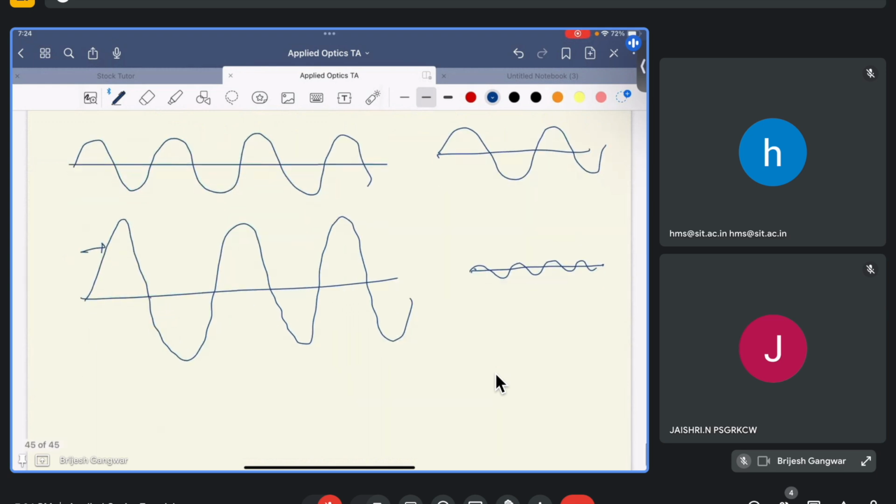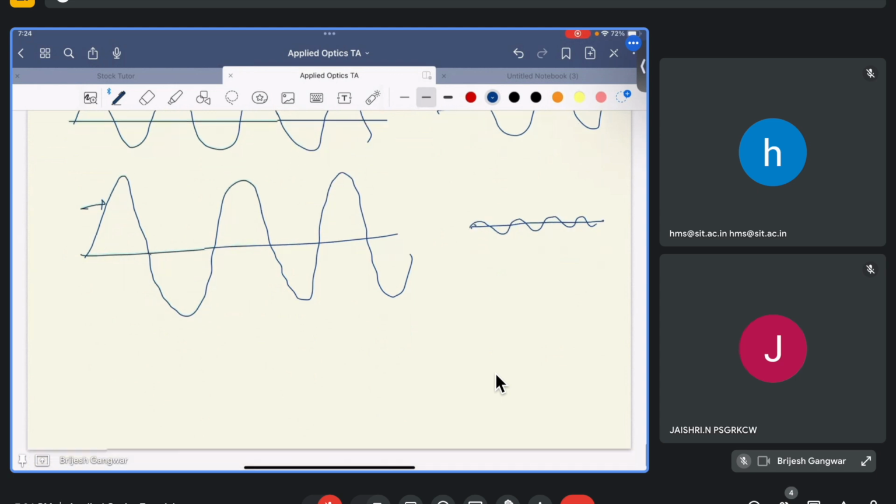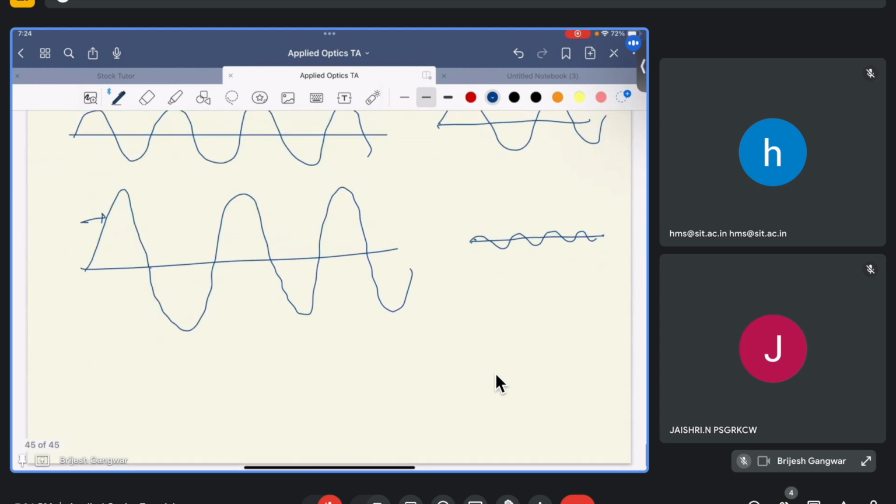But in beats, at certain points the frequency will vanish. Like, one student is sitting here, one student is sitting here, one student is sitting here. Beats will happen at this point, so there will be no frequency. Here there will be no frequency because the difference omega 1 minus omega 2 equals 0 at some points.